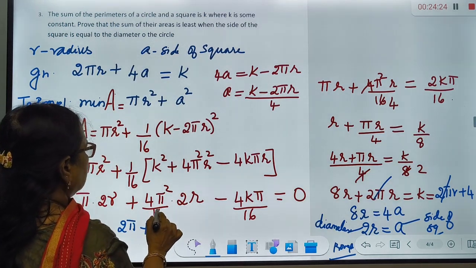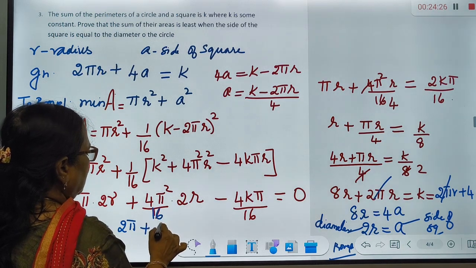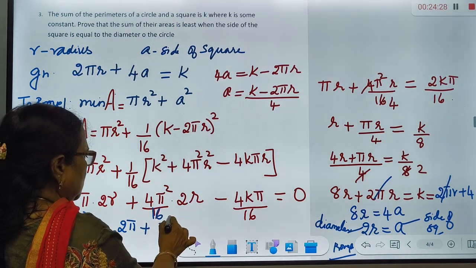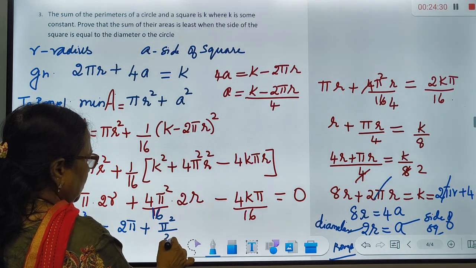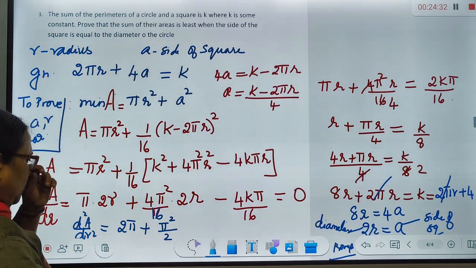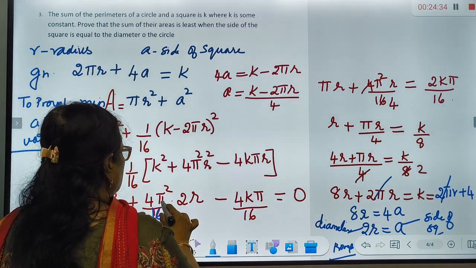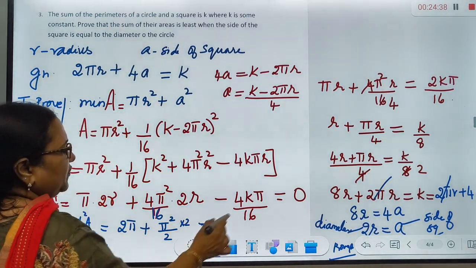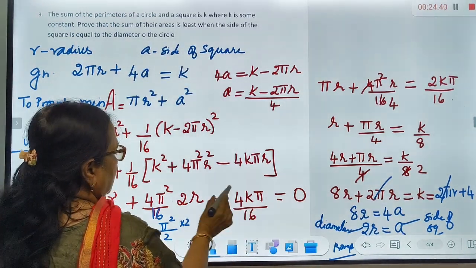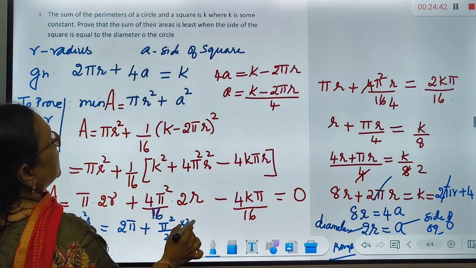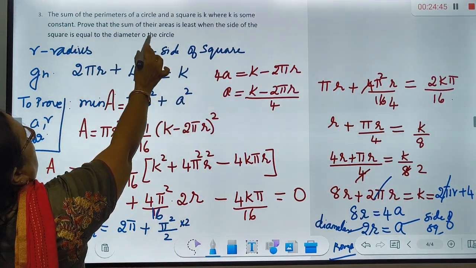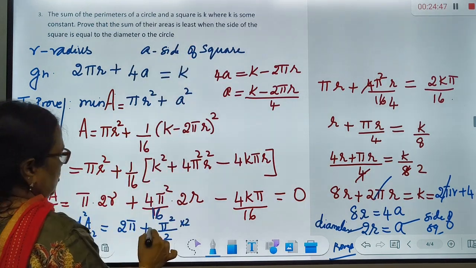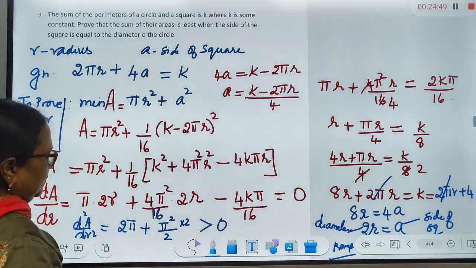So I will get pi square by 2 into derivative of 2r, which will be 2, minus, if I differentiate this, it is a constant, it will be 0. So you can see that here you have to prove the sum of the areas is least. So the second derivative is positive.